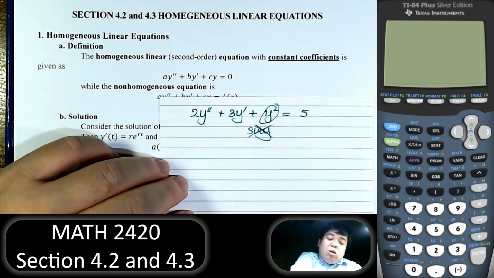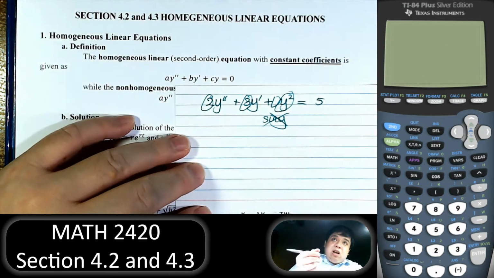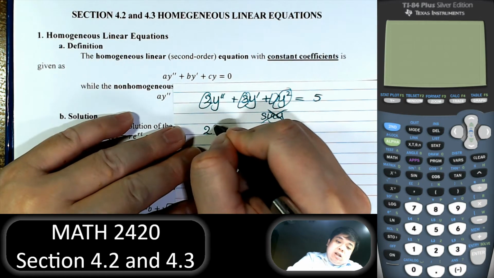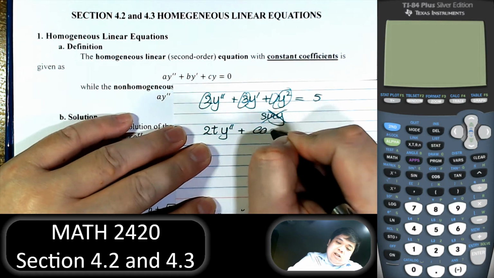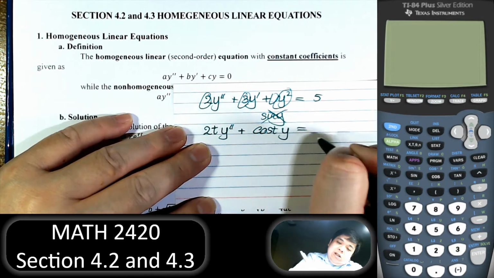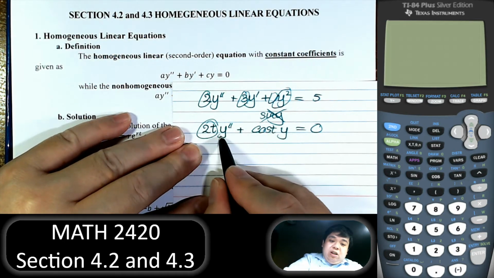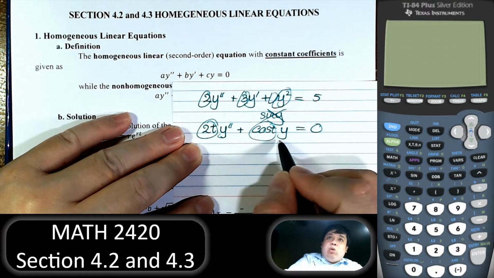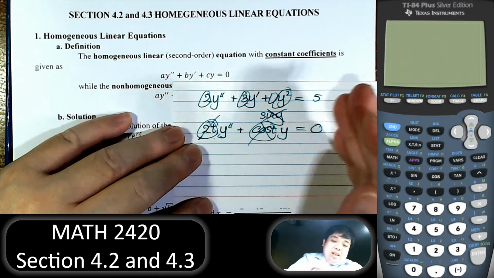Right, constant coefficient. So the coefficients are constant. We're not talking about anything like this either, because the coefficient multiplied by the function or derivative has to be constant. So we don't have that in this case either.